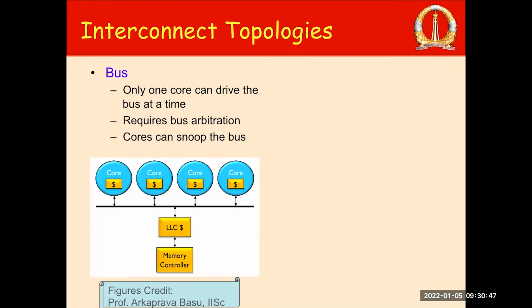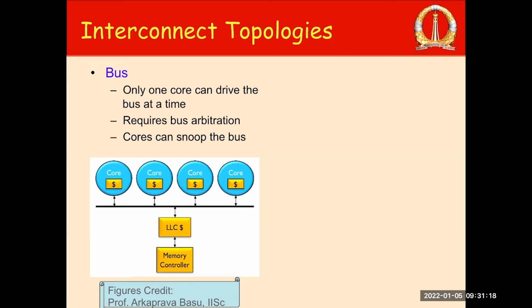For example, in this case, I have 4 cores, each core having its own private cache, but there is a shared last level cache which is shared across all of these cores, and they are connected to the shared cache by means of a simple bus. And of course, if the data is not there in the shared last level cache, the request is sent to the memory controller, which in turn interfaces with the memory or DRAM and gets the data.